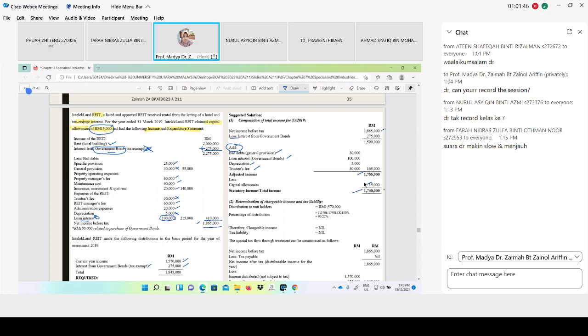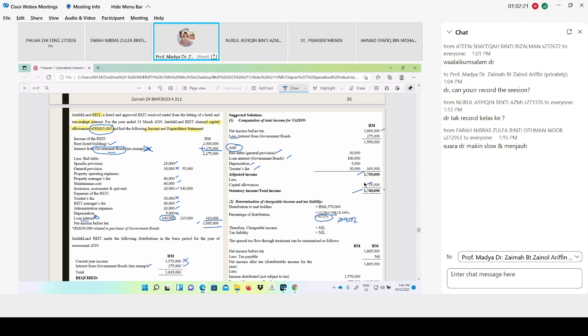So you want to know the percentage of the distribution of the income to the unit holder that excludes 275. That is only the one which is taxable, 1570. Okay, 1570, you divide by total income, okay, and then you get 90.22%.